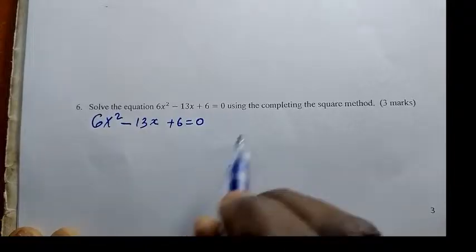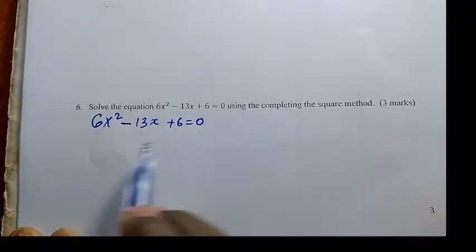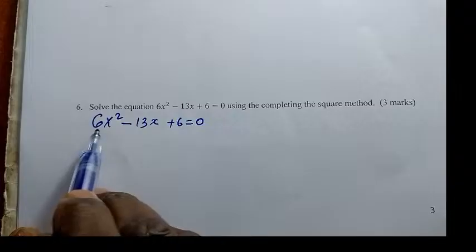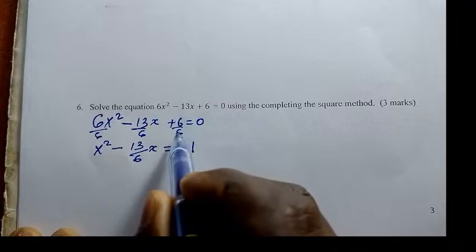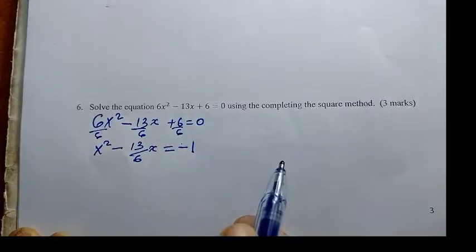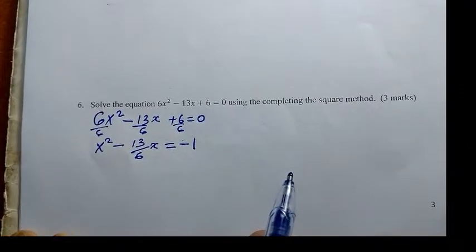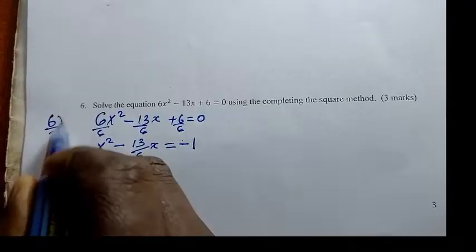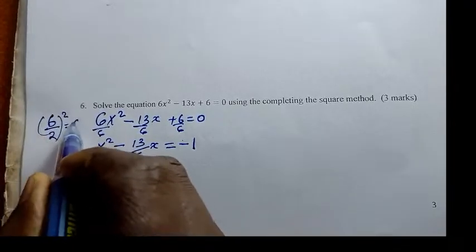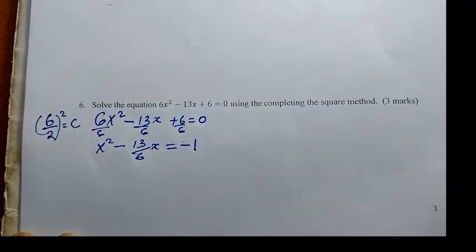Using complete square, kwanza tuna make sure tumetoa hii 6 hapa. How do you remove the coefficient of x over 6 and hapa ikuwe -1? The second thing you remember this concept that b over 2 square equal to c. You remember that? You should remember that.